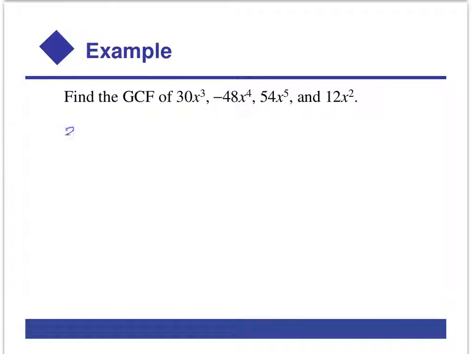So for 30x cubed, we get 2 times 3 times 5 times x times x times x.